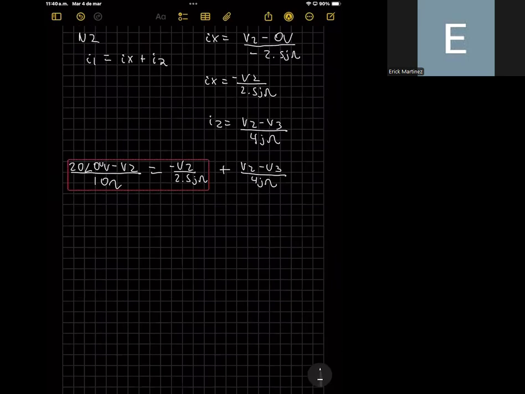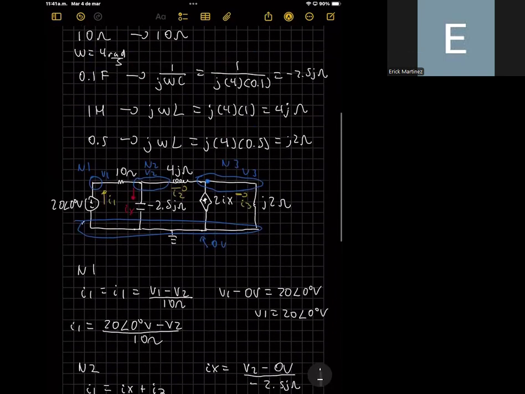So this is basically the way in which you can define the equation for node number 2. So this would be one equation, but we have two unknowns. We need to define another equation in order to have a system of two unknowns and two equations. And in that way, we can solve a system of equations.